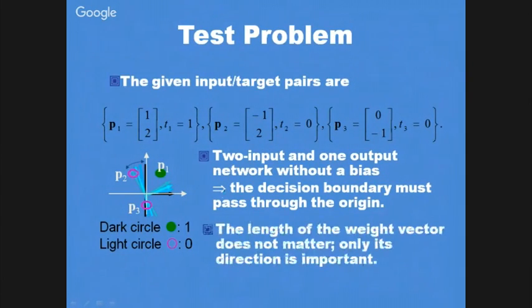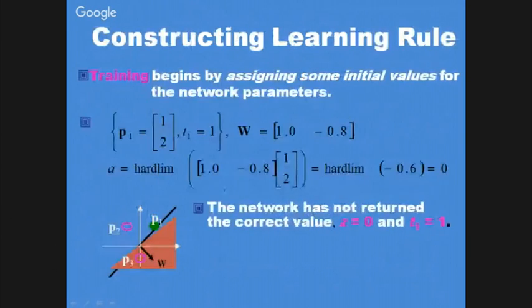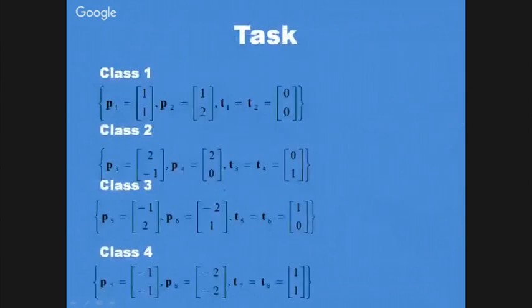Now let me complete this, and after this I'll give you 15 minutes to solve this problem. Mainly you can solve one or two classes, because it will not be possible for all 4 classes again and again. Just check the weights for P1, P2, P3 and P4.